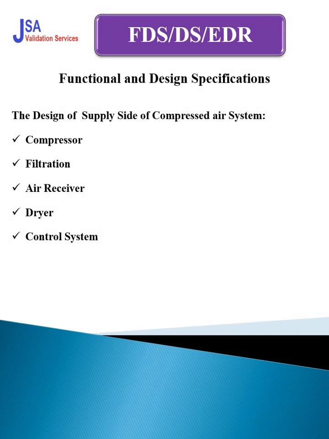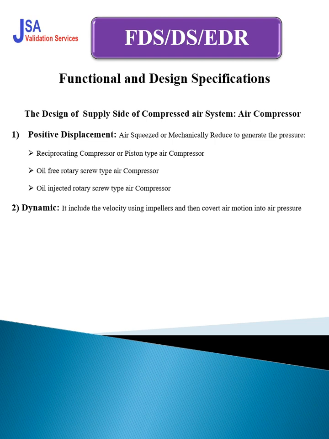So from the design side, on the supply side we have air compressor, filtration, air receiver, dryer, and the control system, the PLC control system or automatic control system. That is all the supply side. Now for the design of the supply side compressed air system, specifically the air compressor: positive displacement, where air is mechanically reduced in volume to generate the pressure.